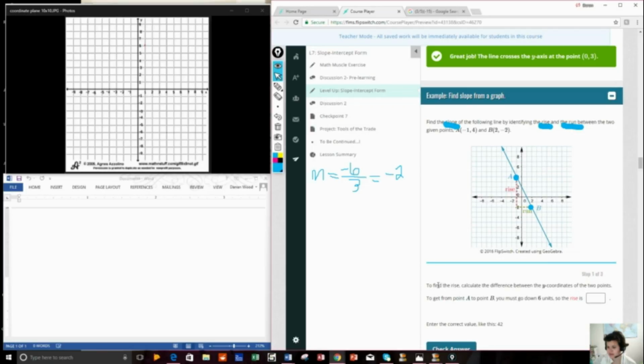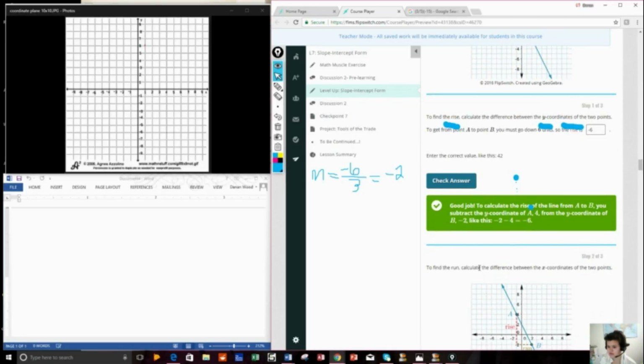Alright, to find the rise, calculate the difference between the y-coordinates of the 2 points. To get from point A to point B, you must go down 6 units, so the rise is -6. Because we had to go down. It had that direction quality.